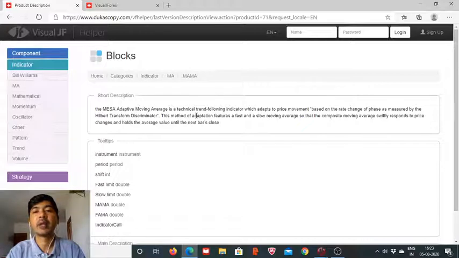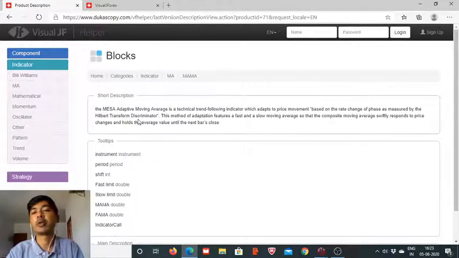This indicator takes into account the momentum of the underlying instrument, and to reduce the lag, it introduces the rate of change of the phase as measured by the Hilbert transform discriminator.